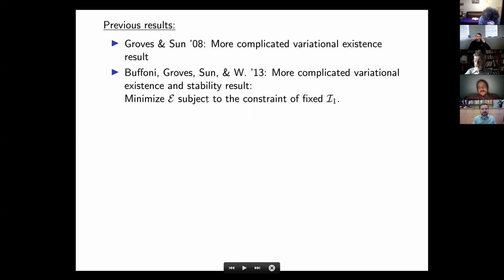And then there's a result by myself, before Groves and Sun. It's again a more complicated variational existence result, which, however, has the advantage that it also gives stability. There we essentially did something like Craig and Nicholls, namely minimizing the energy subject to the constraint of fixed momentum.